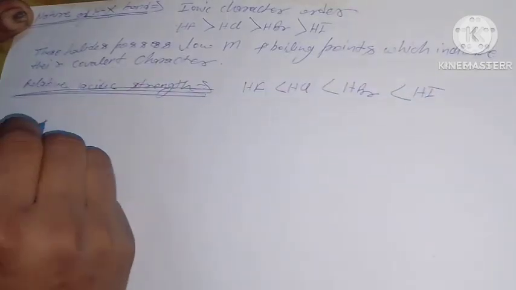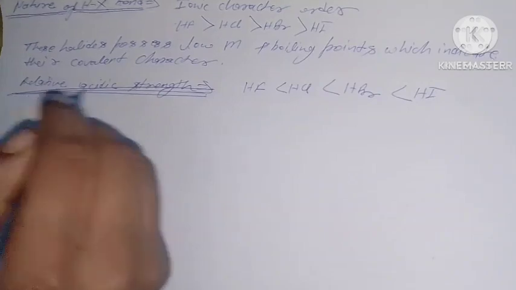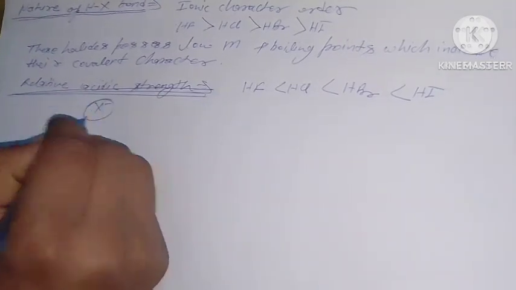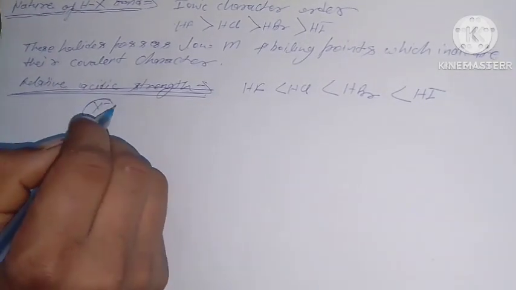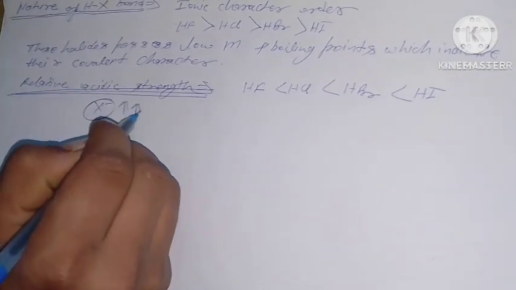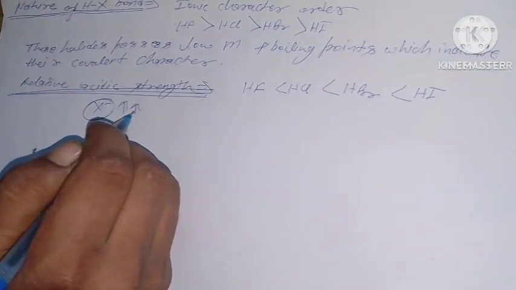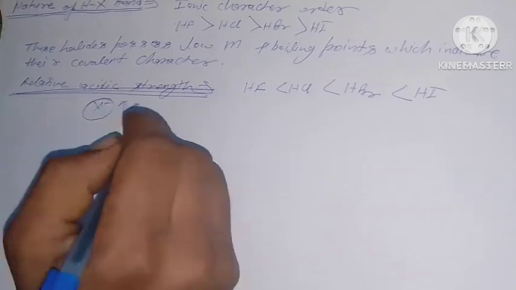As the radius of X negative increases, the attraction of X negative with hydrogen positive decreases.